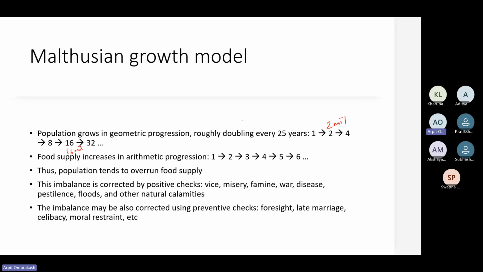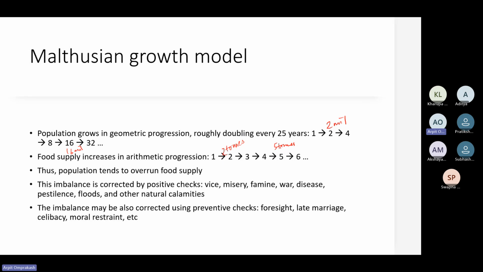Whereas if we have, let's say, 2 tons of resource in the second year, then in the third, fourth, fifth year, we will just have 5 tons of resource. So when we have 2 million people, we had 2 tons of resource for them, but now we have 16 million people and we have 5 tons of resource. So eventually the population is going to overrun the food supply because the food supply is not increasing at the rate at which the population is increasing.